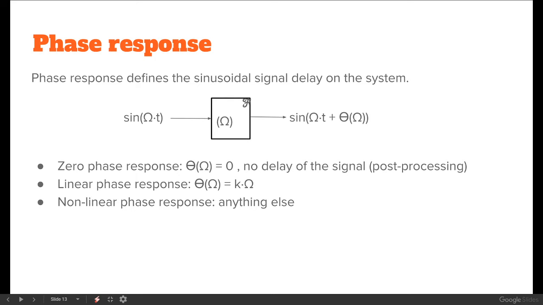Usually in any textbook there are constants, A's, B's, and in this formula it has always been K. It comes from a German word, not an English word. Anyway, constant times omega would be a linear phase response.